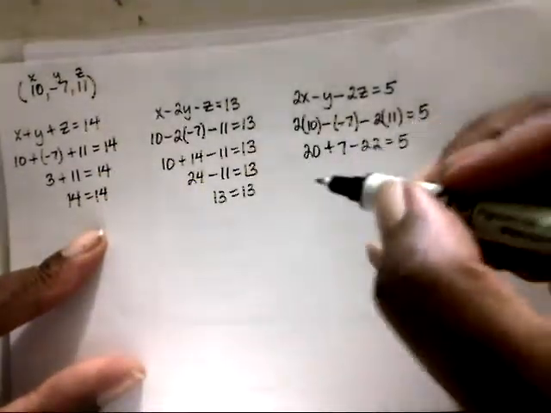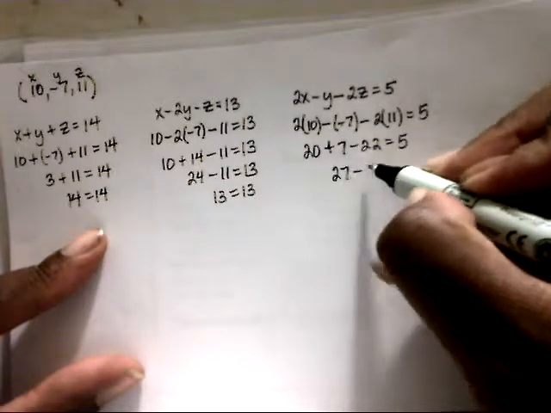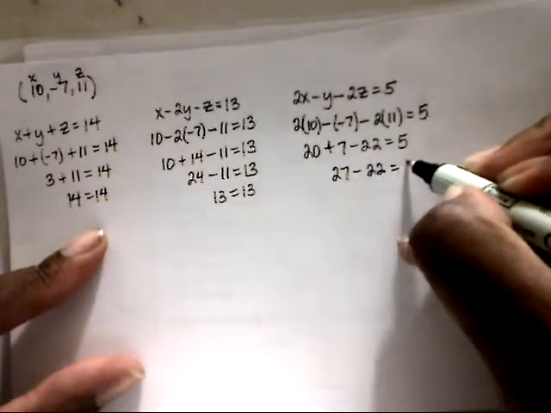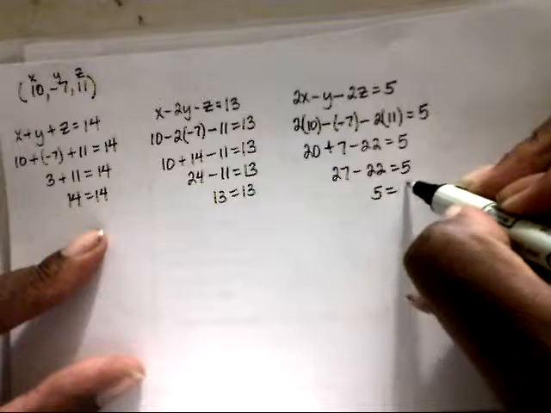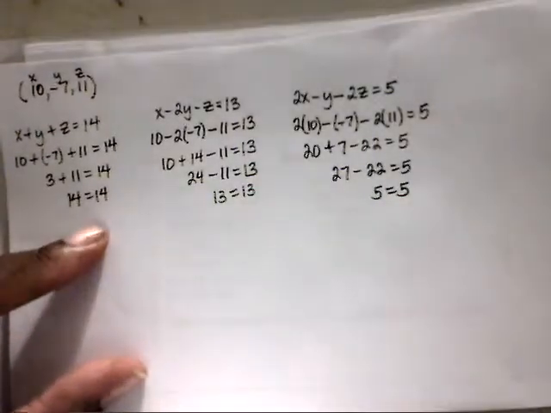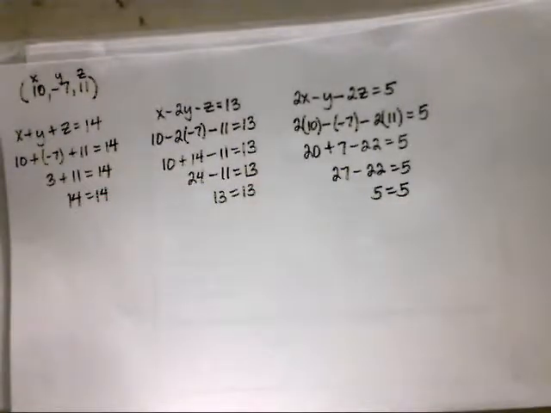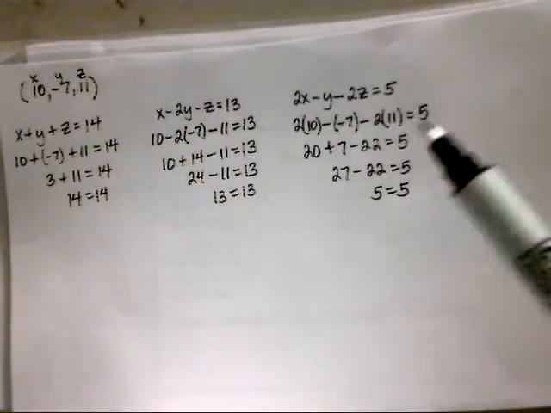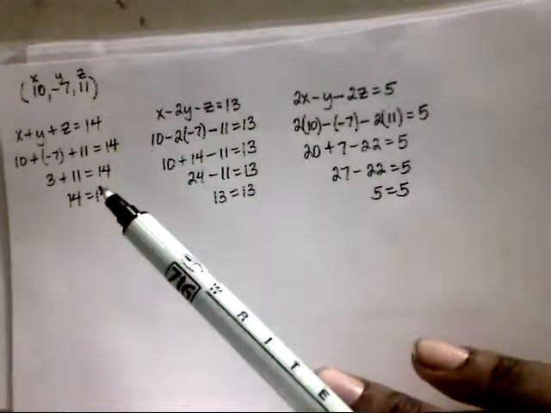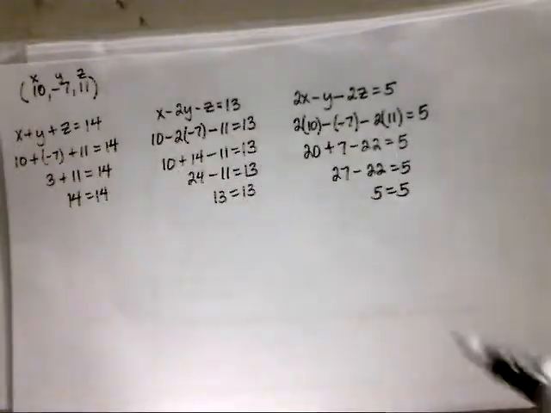Add 20 plus 7, you'll get 27. Minus 22, that should equal 5. And 27 minus 22 does equal 5. So that ordered triple does satisfy the third equation. As you can see, the ordered triple satisfies all three equations.